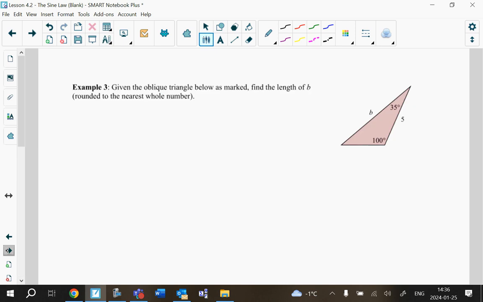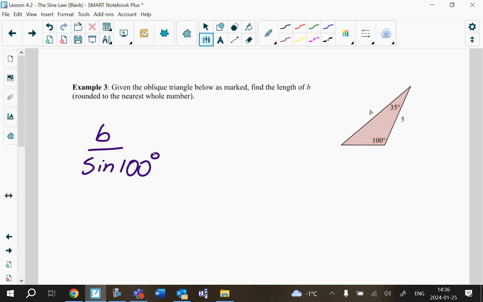How about this one? 100 degrees is opposite the B, so I would go B times sine 100. That's one of my fractions. The other fraction must involve 5, right?